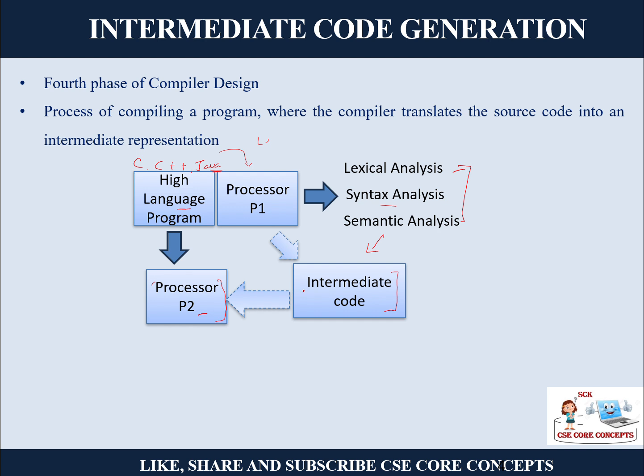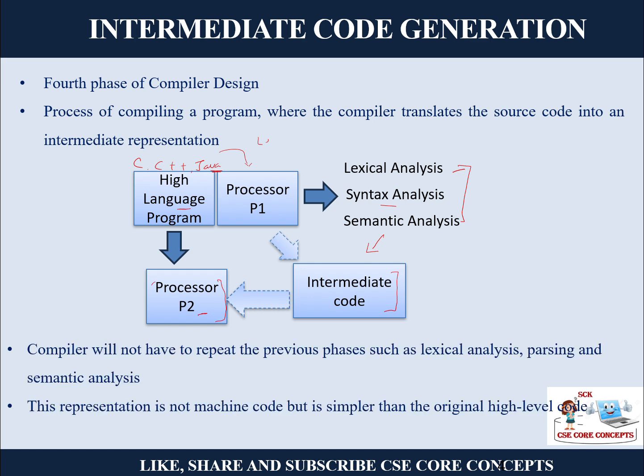If an intermediate code for a program is already generated, it will automatically understand that these phases are covered. So it does not need to repeat these phases again, and it can start executing from the intermediate code itself. So the beauty of generating the intermediate code is that the compiler will not have to repeat the previous phases such as lexical analysis, parsing, semantics.